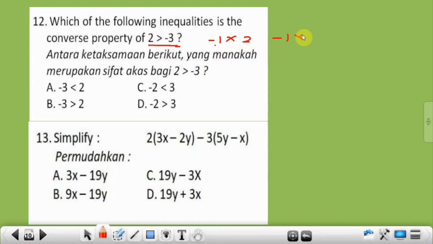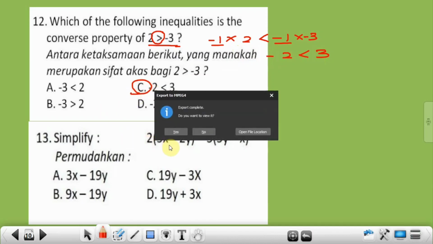We multiply negative 1 to this side. Okay. So this symbol, when we multiply by a negative integer, will change to the other direction. So it becomes negative 2 is less than 3. Okay, C. Okay, 13.